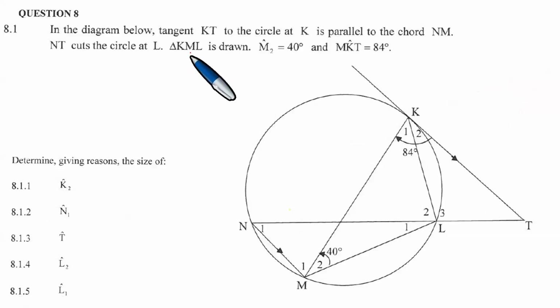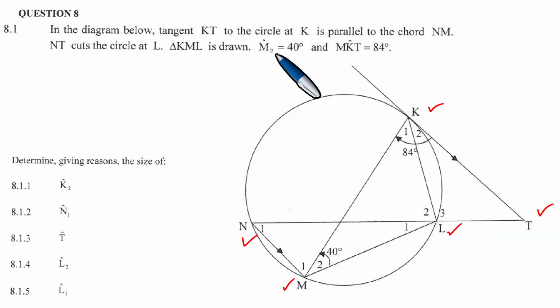Okay, in the diagram below, tangent KT. So you have tangent, this is K, and that is T, to the circle at K is parallel to the chord NM. NT cuts the circle at L. Triangle KML is drawn.